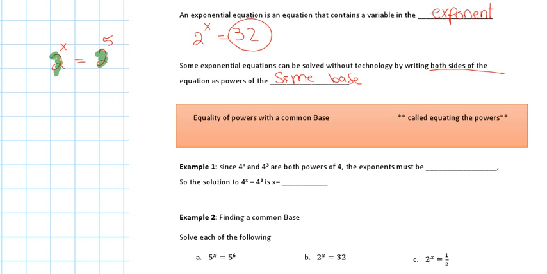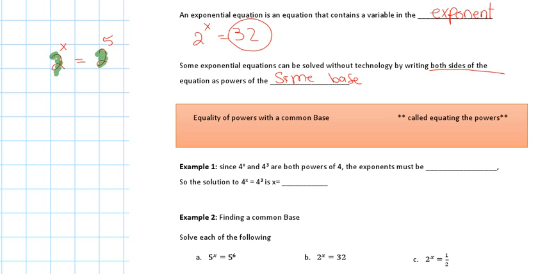Because now I have the same base, I can say that x is equal to 5. By making it the same base, my powers are equal to each other. And you are doing that without me teaching you this.